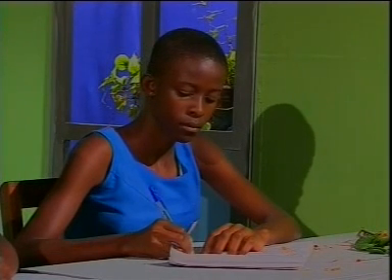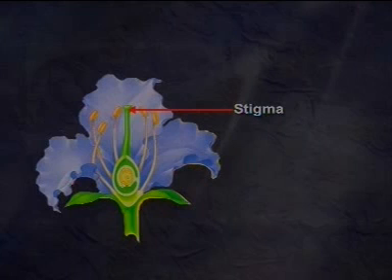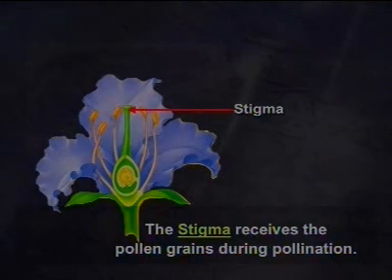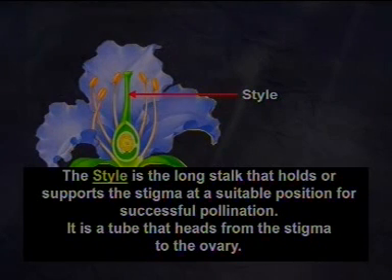First, we consider the stigma. The stigma receives pollen grains during pollination. The style is the long stalk that holds or supports the stigma as a suitable point for a successful pollination.